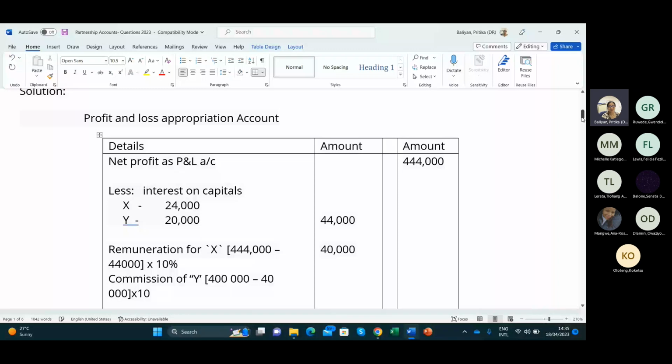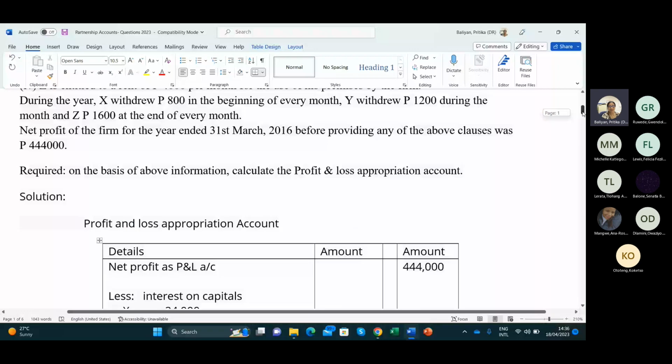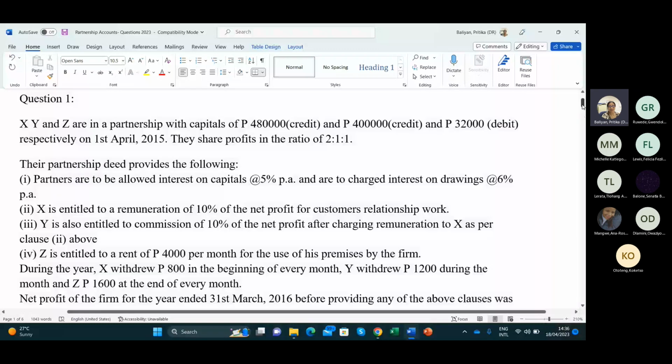So it's 360,000. So the 10% will be 36,000. 36,000 is the commission of Y. Okay. Then we are done with commission, remuneration, and interest on capital. Okay, the next thing is given here.